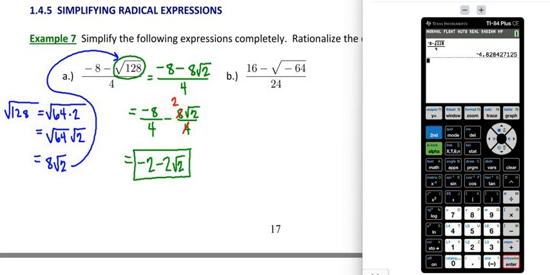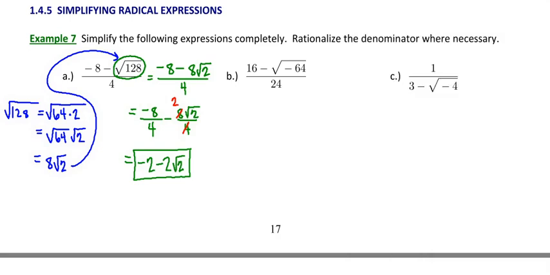I don't want to report that as my answer unless I need the approximation for some reason. I want to keep my answer exact. So I'm going to type in what we came up with, negative 2 minus 2 square root of 2. And notice the decimal approximation from the calculator matches the original answer. So even though I'm not after the approximation here, I can use it to check my answer.